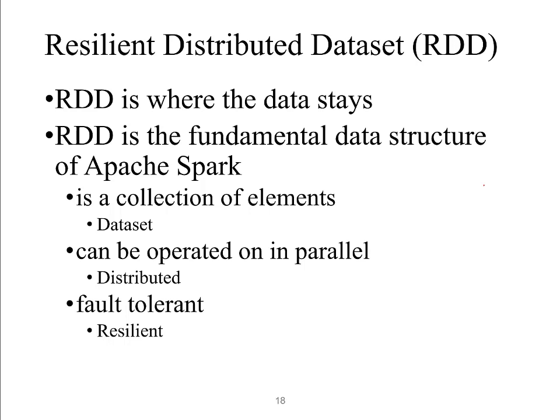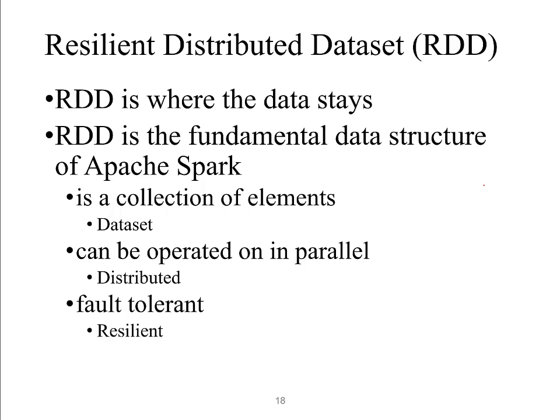Resilient means that an RDD is fault tolerant. This fault tolerant property is thanks to the RDD lineage graph or the DAG. They are different things, but similar. Anyway, we will introduce these concepts later.